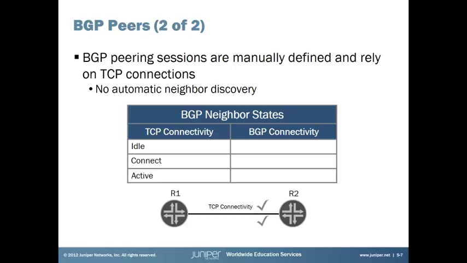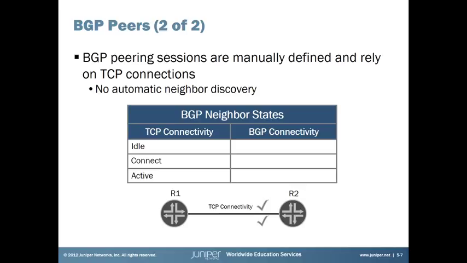We've already mentioned that there's no automatic neighbor discovery mechanism within BGP. We don't want that to happen. We don't want to create peers with absolutely everybody and anybody. No, we want to control exactly who we peer with and how that traffic exits or enters our autonomous system. We absolutely want to control that. So it's always manual.